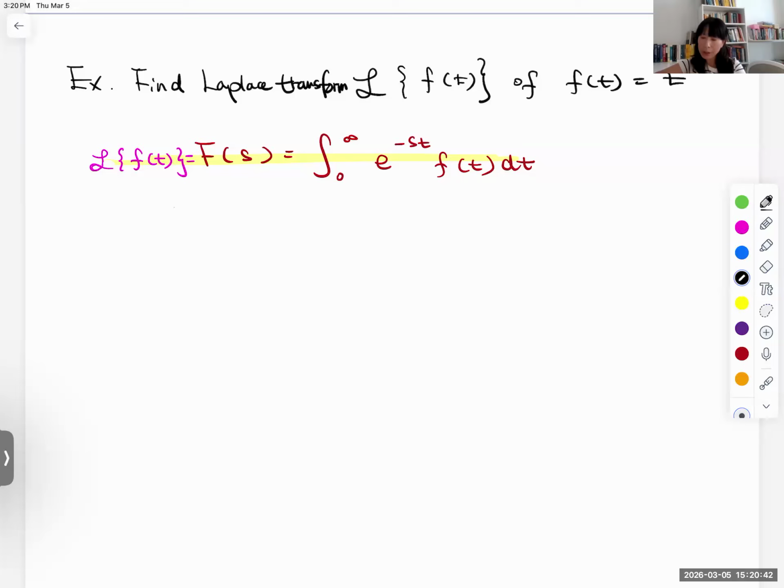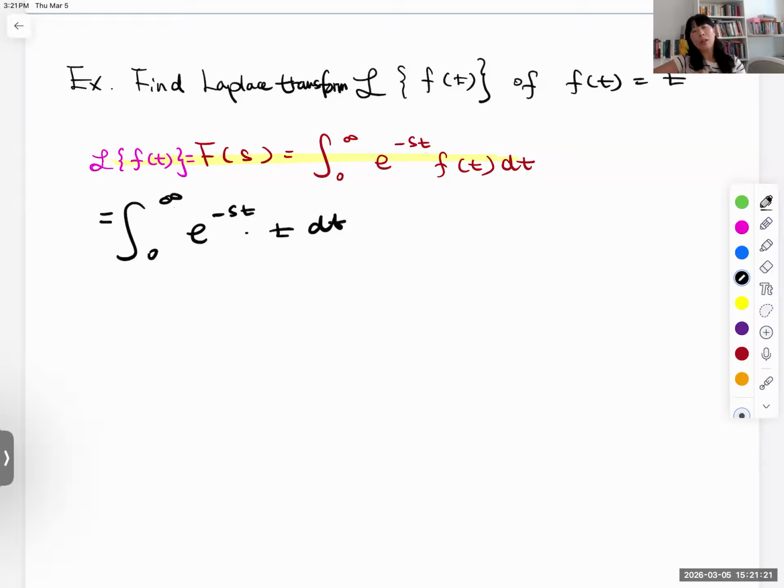All right, so let us do the second question, f of t equals t. We have the formula for the Laplace transform: the integral from 0 to infinity of e to the negative st times f of t dt. Since f of t equals t, we substitute: the integral from 0 to positive infinity of e to the negative st times t dt.